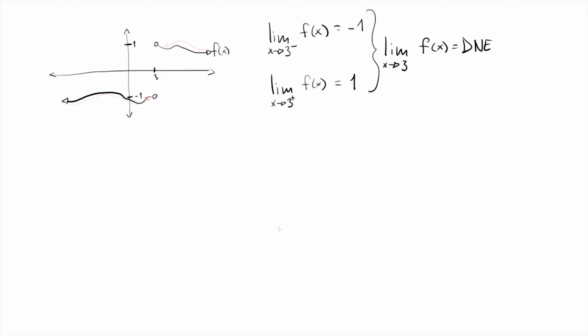Let's say I have f of x is equal to 1 over x, and I want to find the limit as x approaches... Now, what would be an interesting number here?